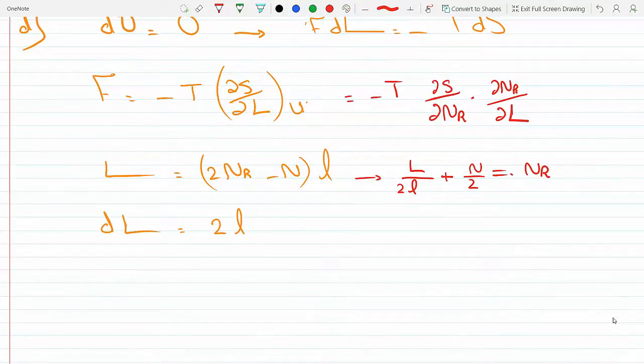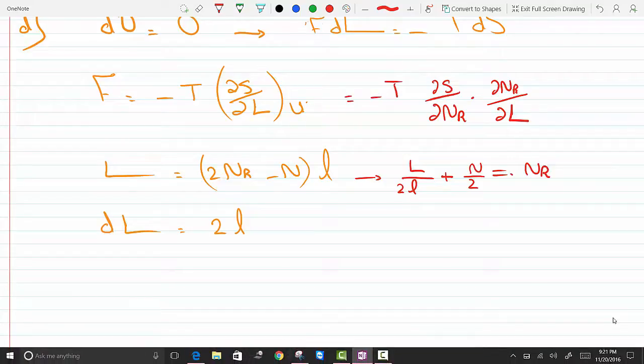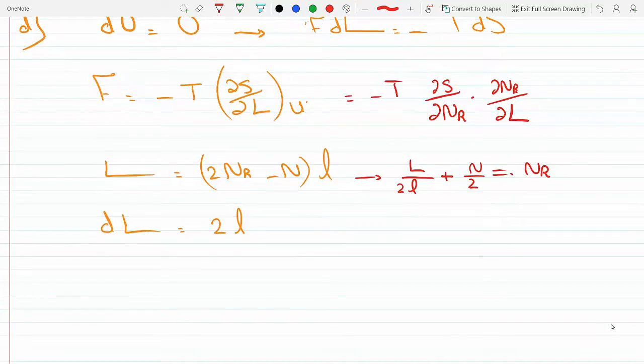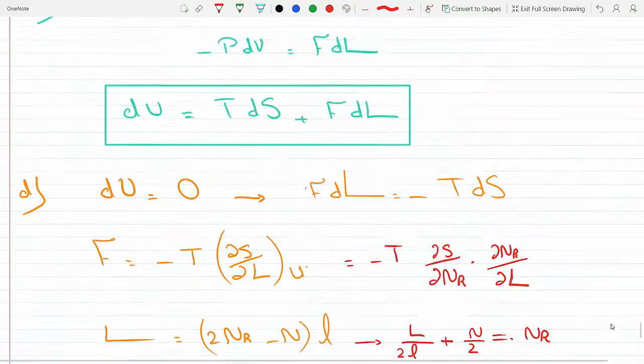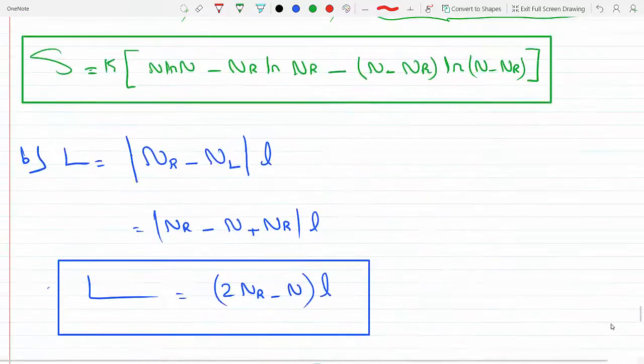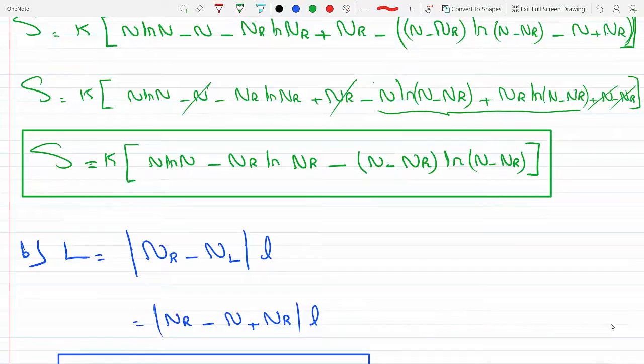Okay, so now that I found a relationship between nr and capital L, I could find the partial derivative of nr with respect to L. Just so we could make sense of this, notice that in part A my entropy is a function of n and nr.